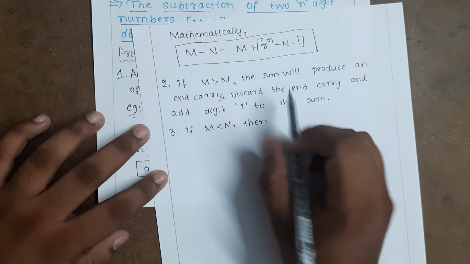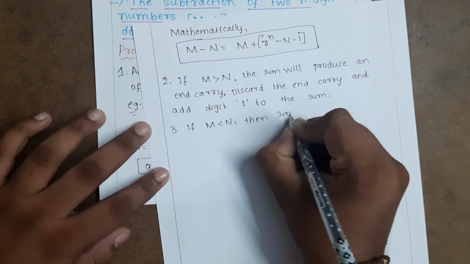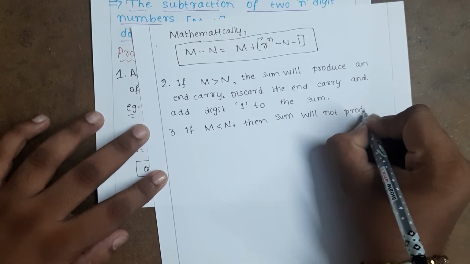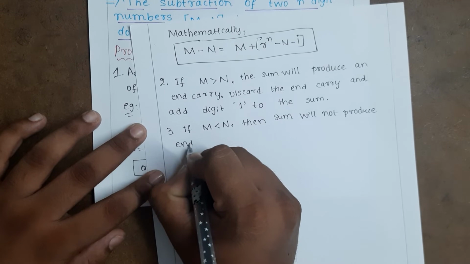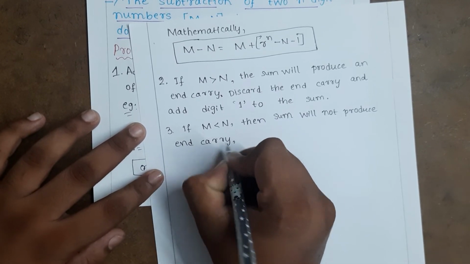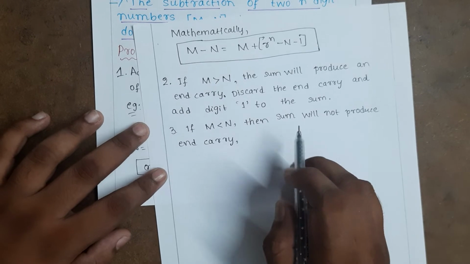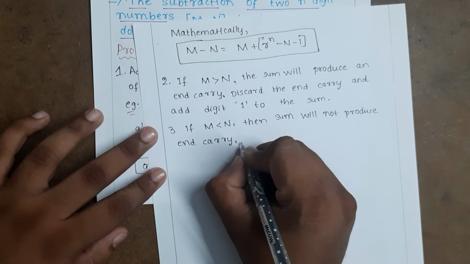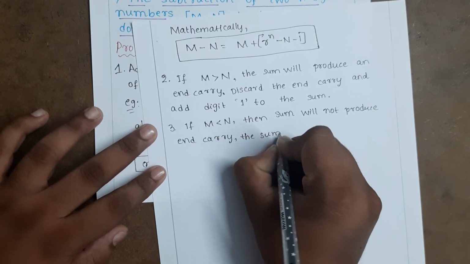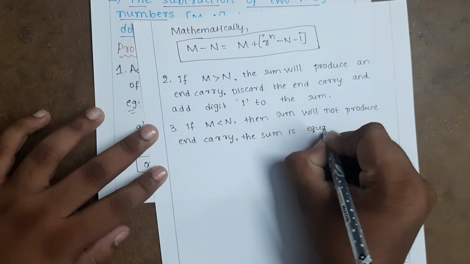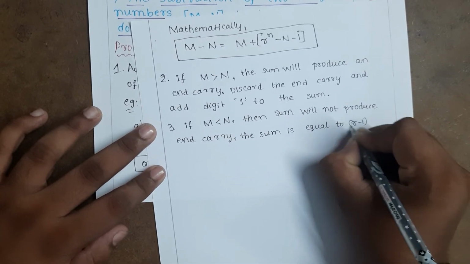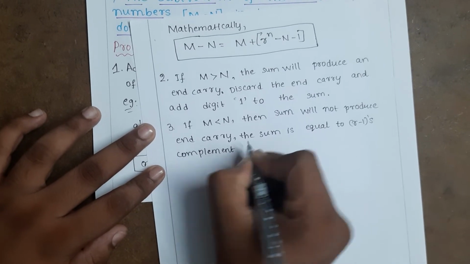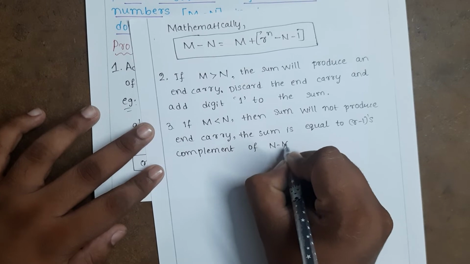This sum will not produce an end carry, and the sum we get is equal to the r-1's complement of capital N minus capital M.